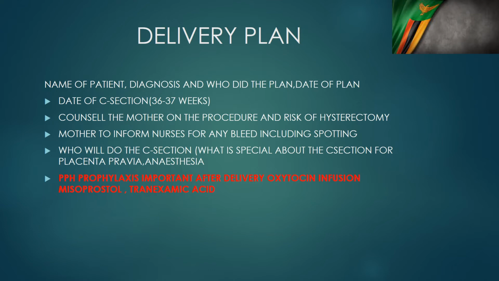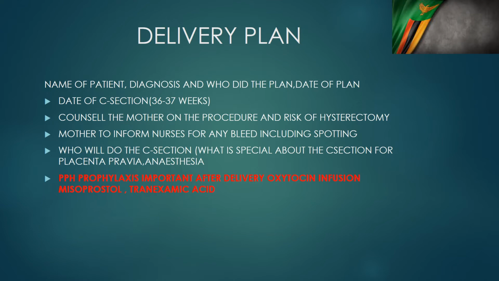So we write that your cesarean section will be on 25th December 2022 or 2023 or whatever year it is. We need to write that in black and white on our delivery plan, so that the mother is clear and people don't keep changing the goalposts depending on what is going on. So that is important for the mother, that's important for the team.